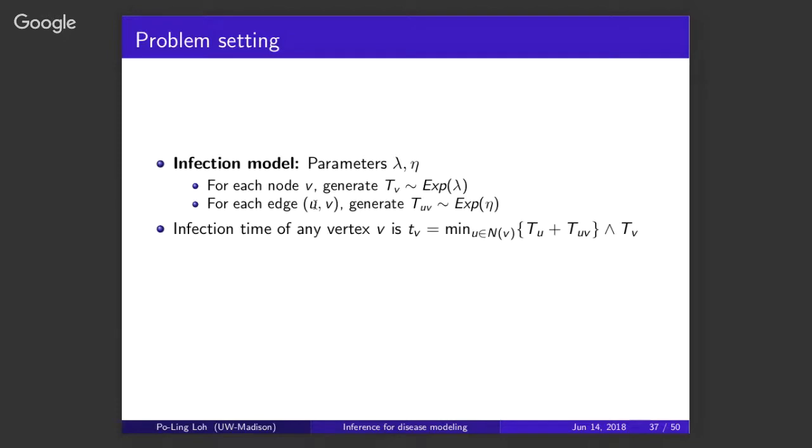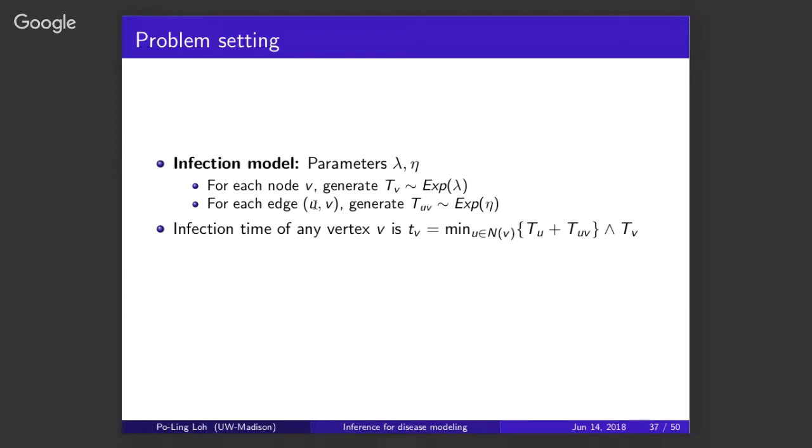So basically, we have a bunch of independent exponential random variables, and these are waiting times until some sort of infection event occurs. So we have an exponential random variable corresponding to every node in the graph, and that's just the amount of time that node should wait before it becomes infected. And then on every edge, there is also an exponential random variable that is independently and identically distributed with parameter eta.